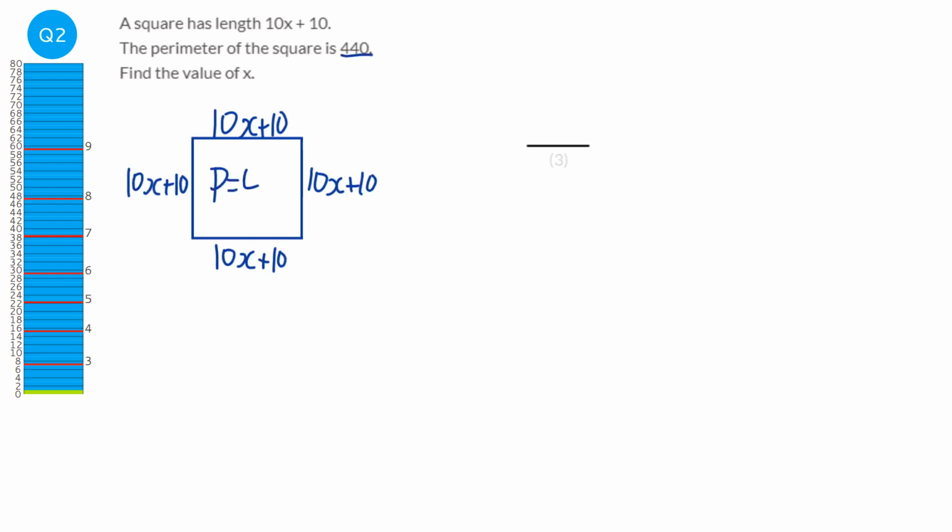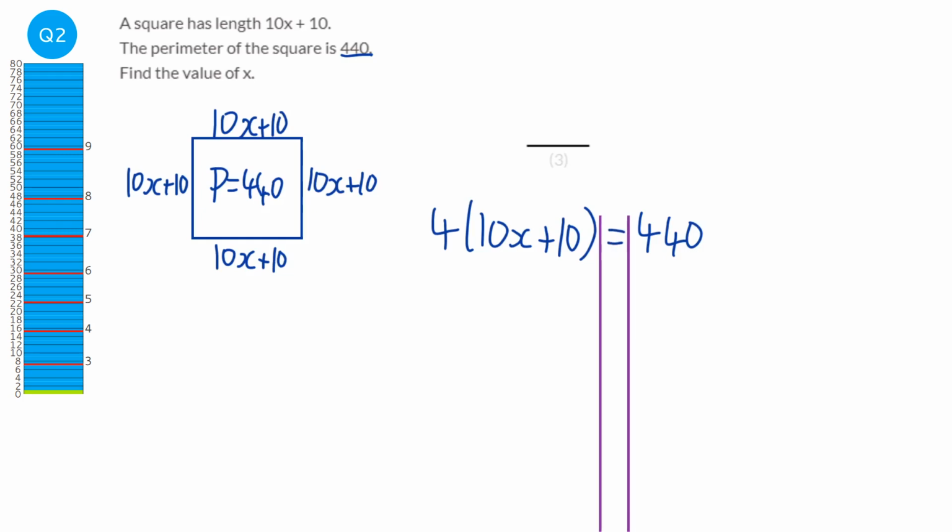So what we can do is work out the perimeter in algebra by multiplying 10x plus 10 by 4, or just adding up the 4 lengths that we've got. So we're going to do 4 times 10x plus 10. But we also know that that is going to be 440 because we're told in the question that the perimeter is 440.